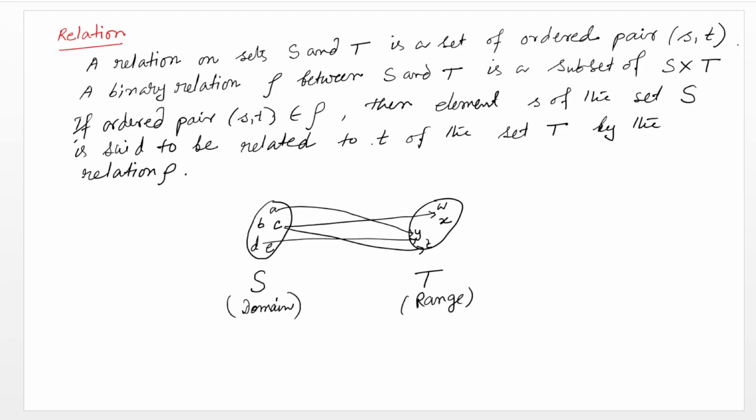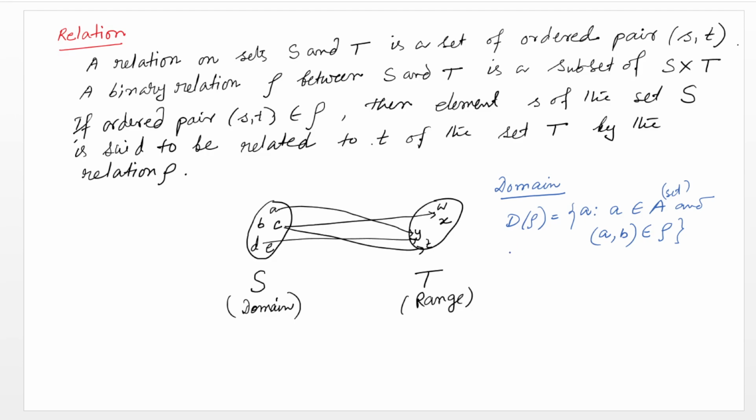Now we can define the domain of the relation rho as the set of elements a such that a belongs to the set S and (a, b) belongs to the relation rho, where a is a member of the set A and b is a member of the set B.